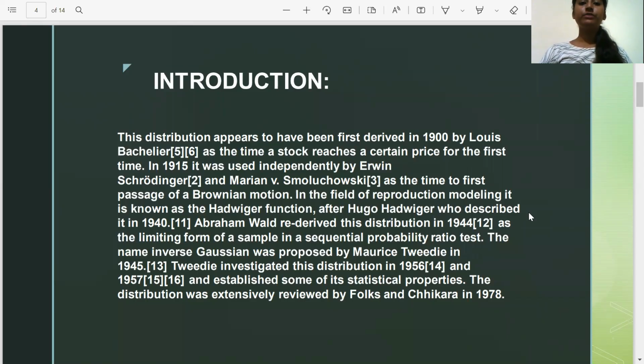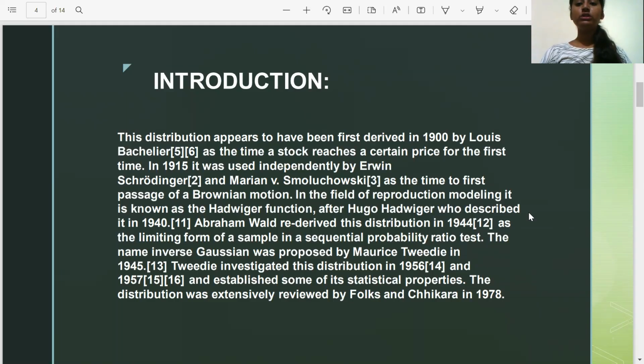In 1915, it was used independently by Erwin Schrödinger and Marian Smoluchowski as the time of first passage of Brownian motion. In the field of reproduction modeling, it is known as the Hadwiger function.